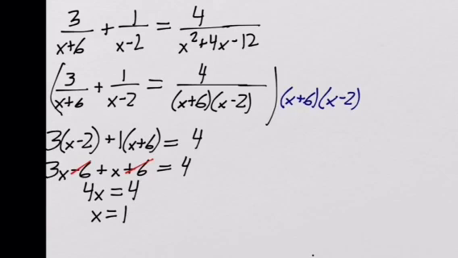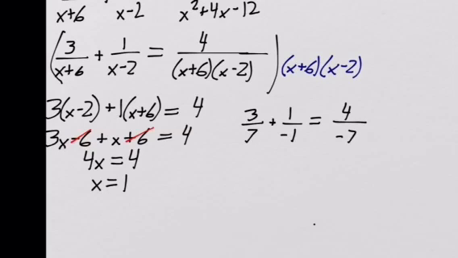So if I plug the 1 in, I get 3/7 plus 1 over negative 1 equals 4 over 1 plus 4 minus 12, so negative 7.